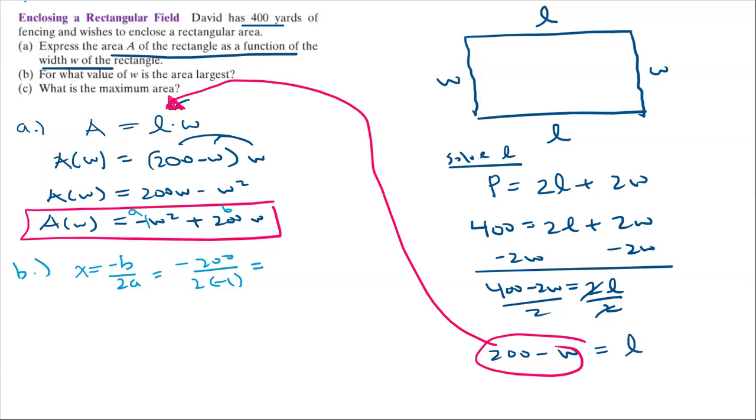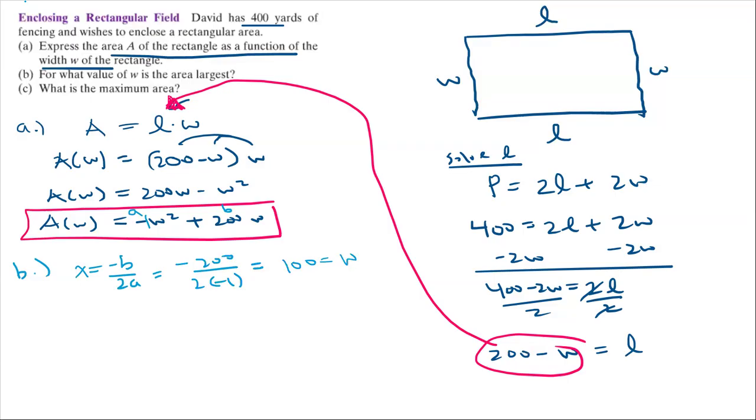When I put that in the calculator, I get negative 200 divided by negative 2, which is a positive 100. So that's my answer for X, or in this case, we can put W. So W is 100.